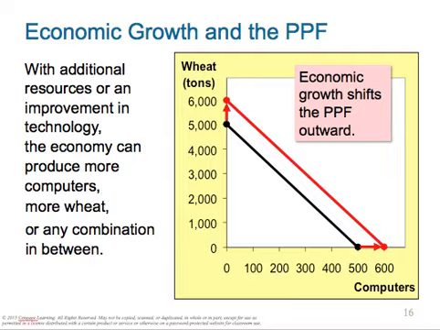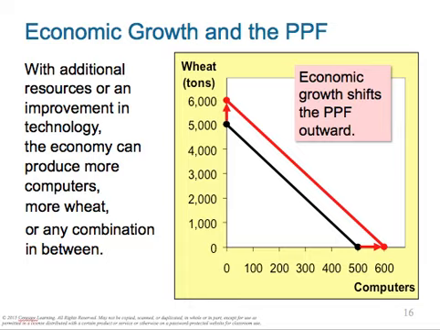So this causes an expansion in the set of opportunities, allowing the economy to produce more of both or one of the goods. This is a simple example again of economic growth, an important subject that gets its own chapter in the macroeconomics portion of the economics sequence in the textbook. We'll talk about production and growth.